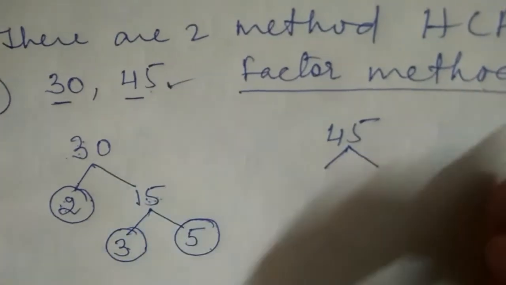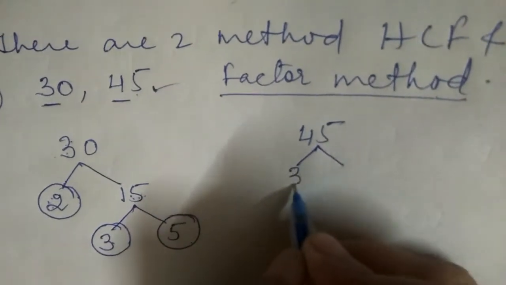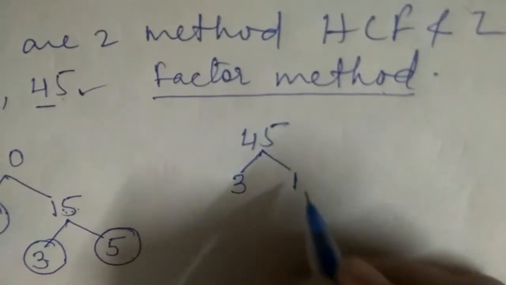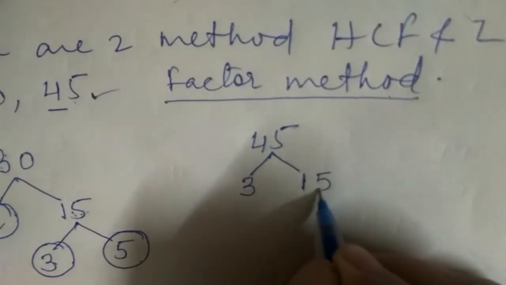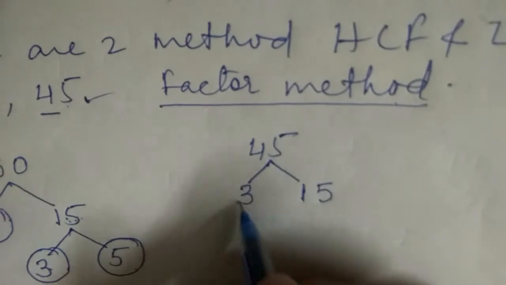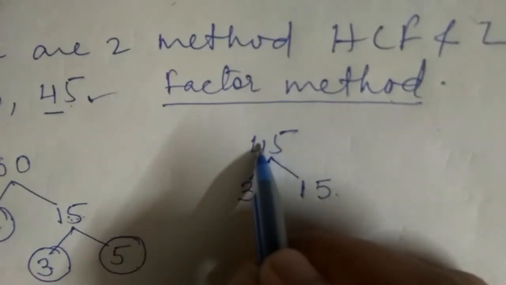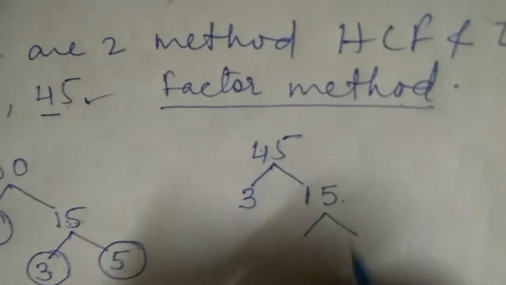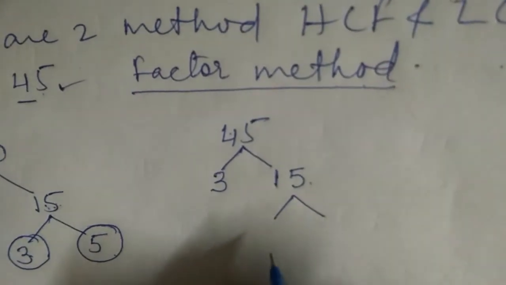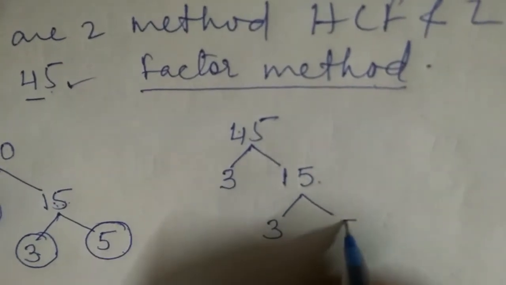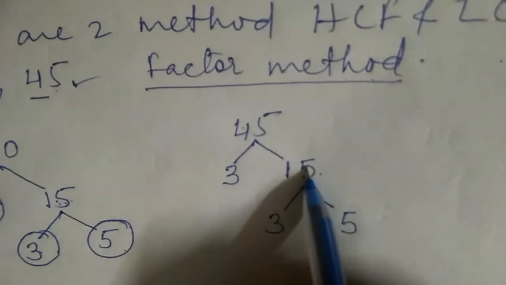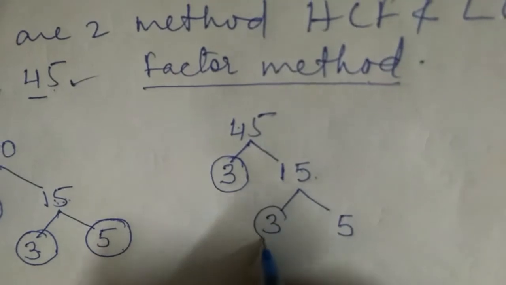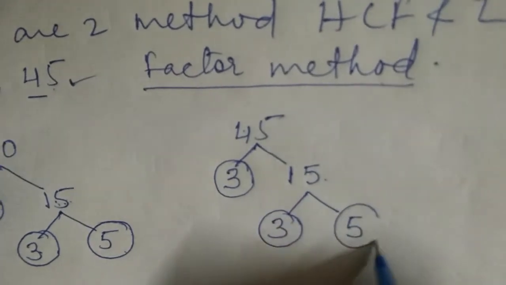So we take the next prime number, which is 3. 3 ones are 3 and 3 fives are 15, so 3 times 15 gives us 45. Now again 15 we divide into two parts: 3 times 5 gives us 15. So 3, 3 and 5 are all prime numbers.